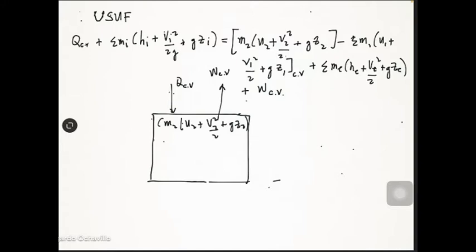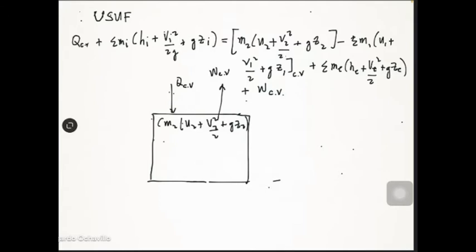Okay, so we have mass or energy that is entering, and you have this at the exit. This is the summation of your MI times HI plus VI squared over 2 plus GZI.